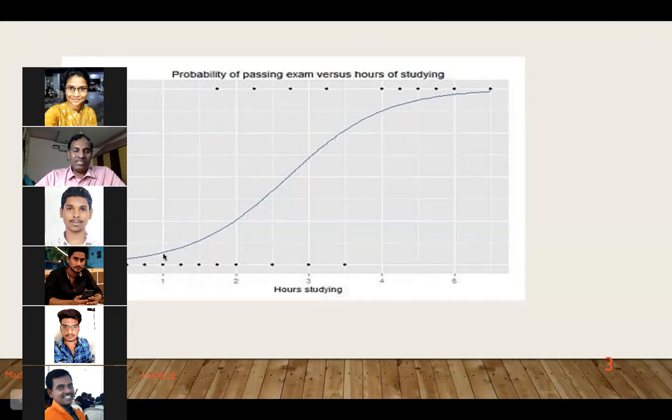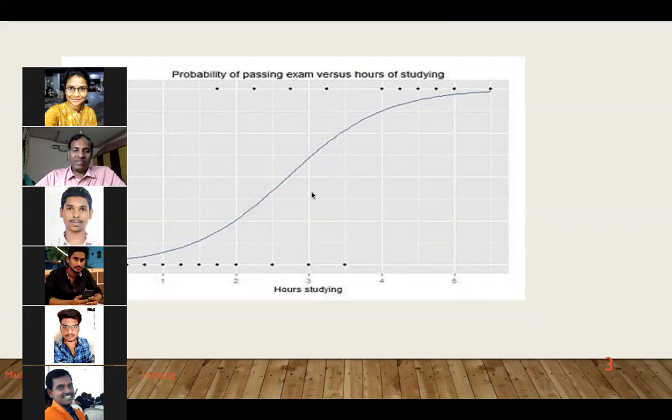If they cover only one chapter, there is some probability of passing, but very minimal. But if you cover substantially half of the things, say there are 5 hours needed but you spend 3 hours, you gain the knowledge you can gain in 3 hours.